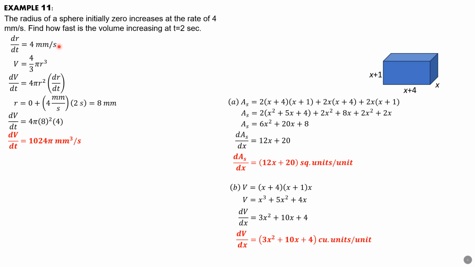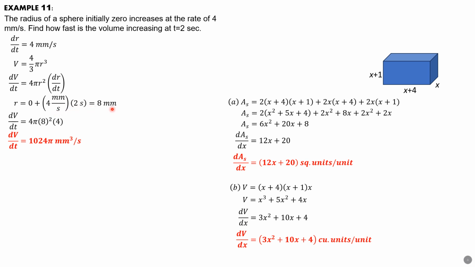The volume of a sphere is 4/3 pi r cubed. So the derivative of volume with respect to time is equal to 4/3 pi times 3r squared dr/dt, which can be simplified into 4 pi r squared dr/dt. So r is beginning with 0 plus the rate, 4 mm per second, times 2 seconds.